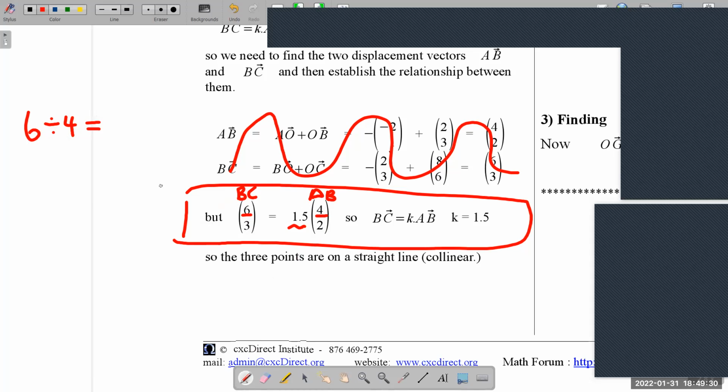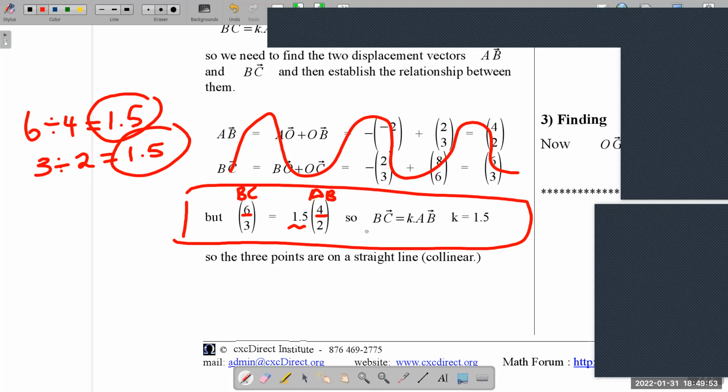Everybody get 1.5? Very good. Now, do the same thing with the Y's. So say 3 divided by 2. 1.5 again. And so you realize these 2 lines are parallel because what do you realize? Both numbers use 1.5 as K. So the part I want you to pay attention to is what?